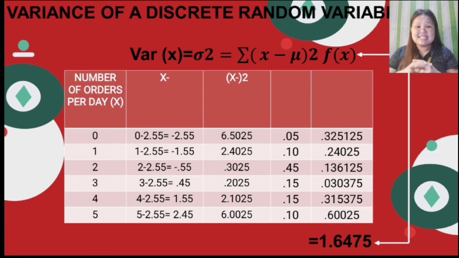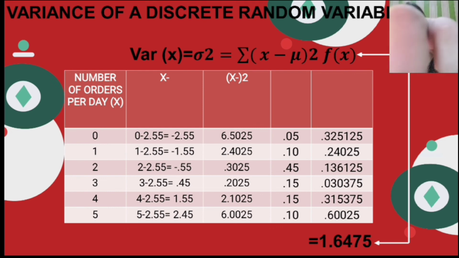And lastly, in the fifth column, as you can see in our table, we take the product of the third and the fourth columns, multiplying each number in the third column by the corresponding number in the fourth column.